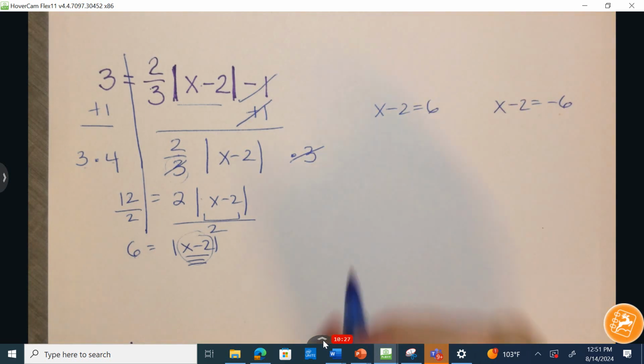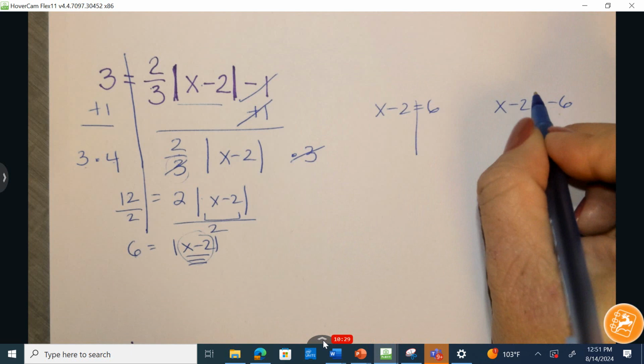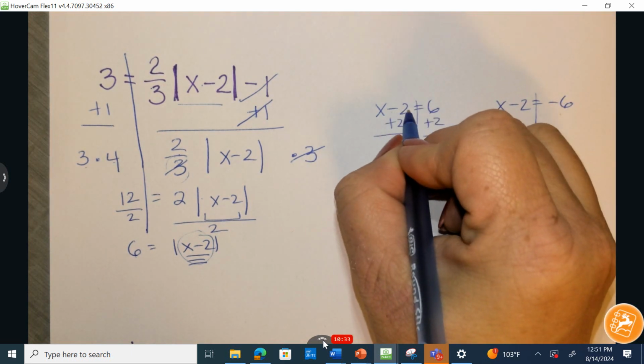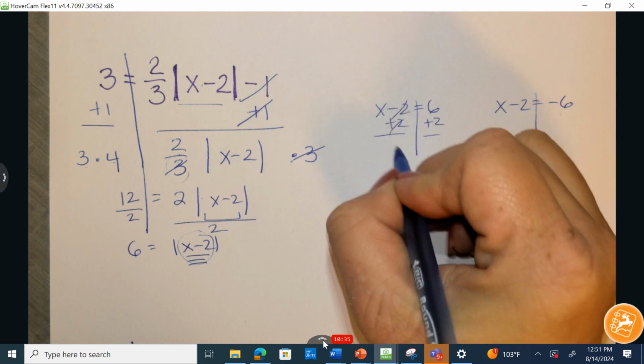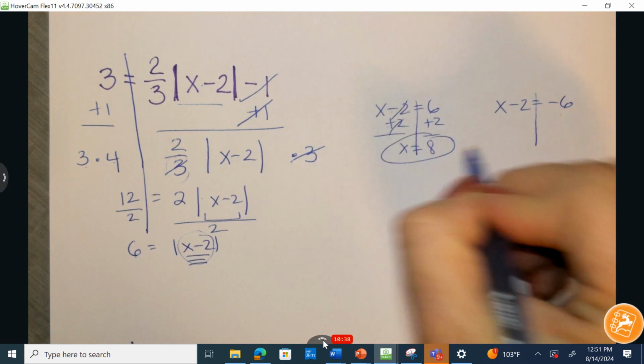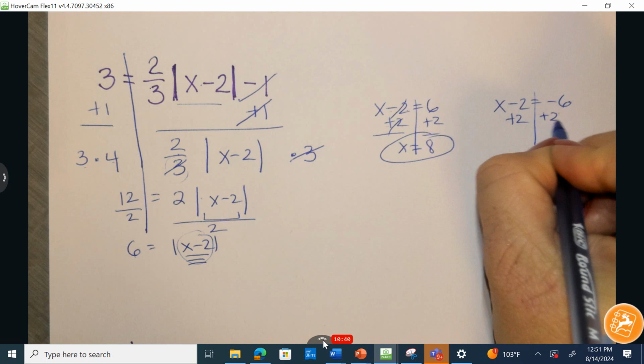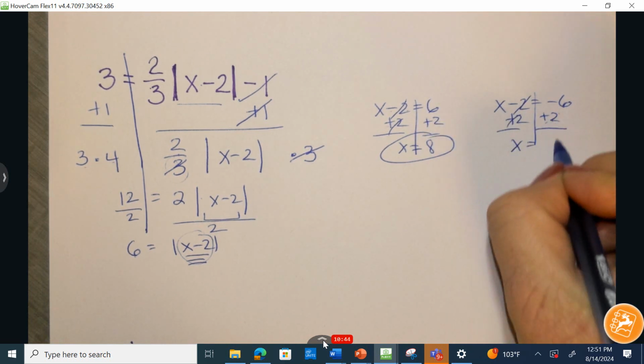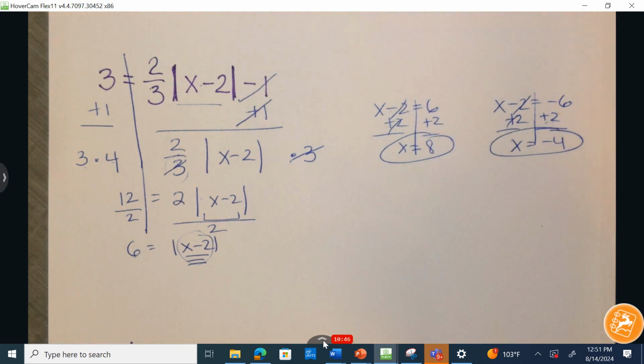And now I'm going to do the work to achieve 2 answers. Plus 2, plus 2. Opposite of subtracting 2 is adding 2. And 6 plus 2 is 8. Opposite of subtracting 2 is adding 2. And negative 6 plus 2 is negative 4. So I have 2 answers once again. This is definitely a hard problem.